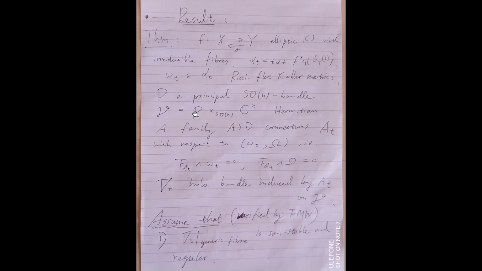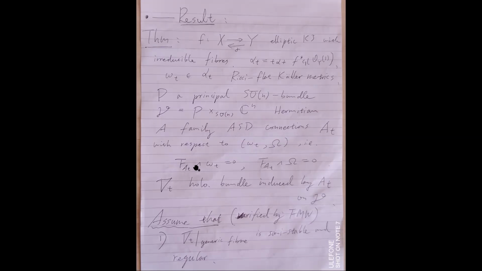We fix the principal U(N) bundle over this X, and we use the associated bundle construction to get a Hermitian bundle. And A_t is a family of ASD connections with respect to this omega_t and the capital Omega, which is the holomorphic symplectic form.